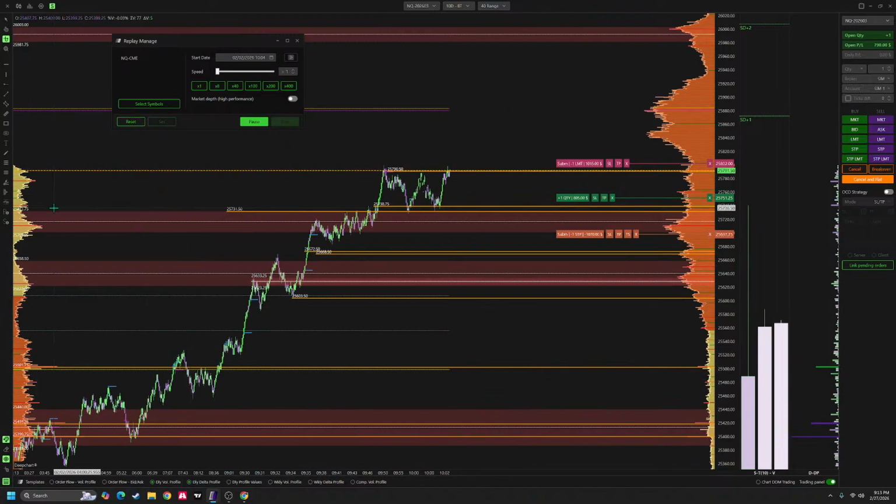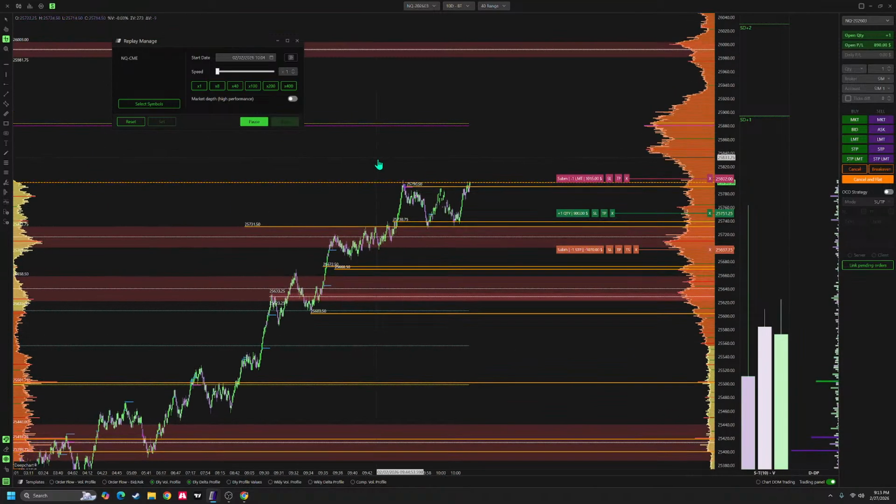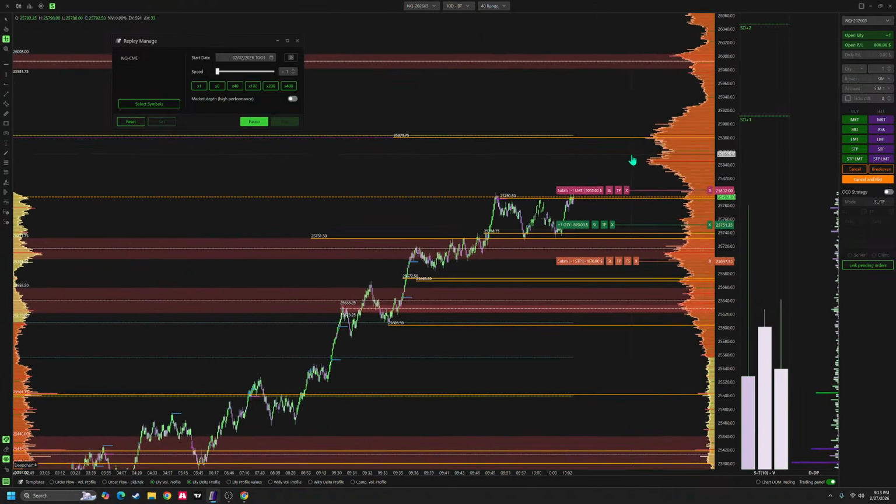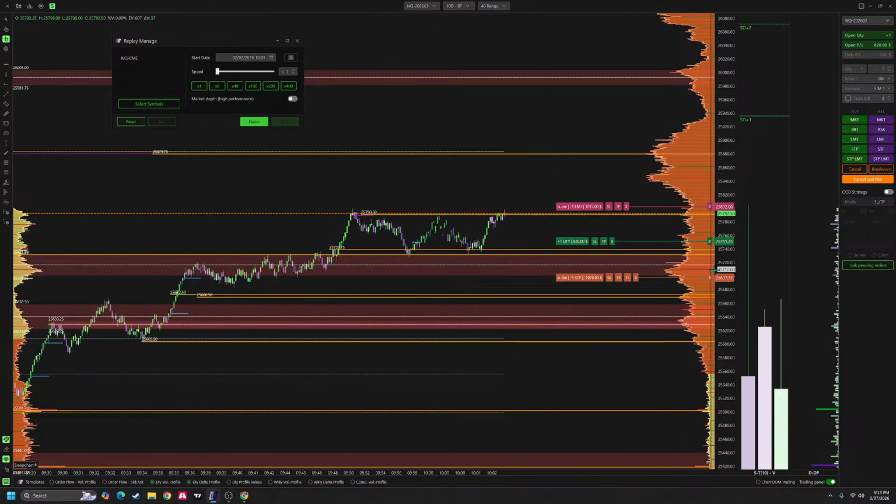You can kind of see that we are above the value area for the day, and we're creating multiple levels or shelves above the value area. So I feel pretty good about this trade, right? This could actually go all the way up to here, but we're going to get out right here and just be happy. Save us some anxiety if we make it that far.